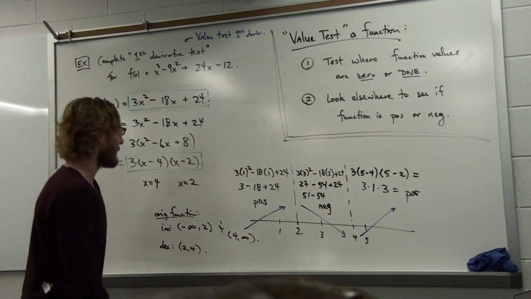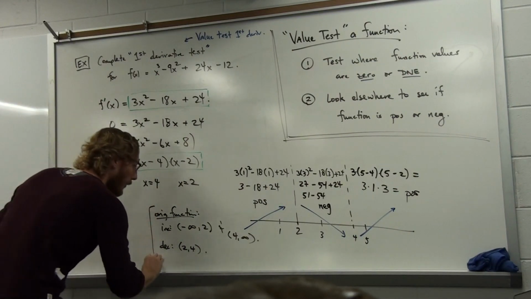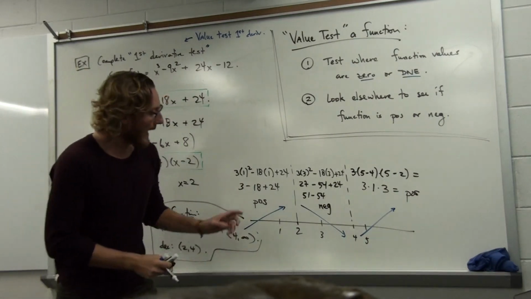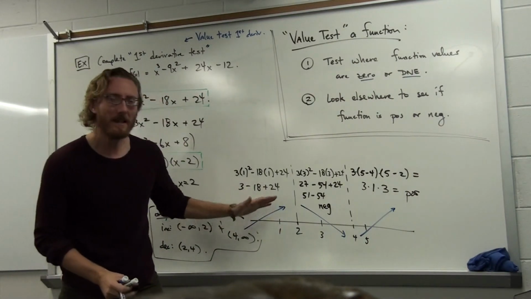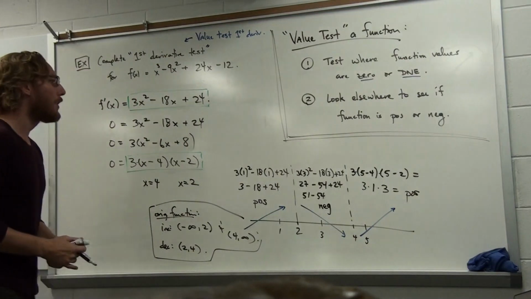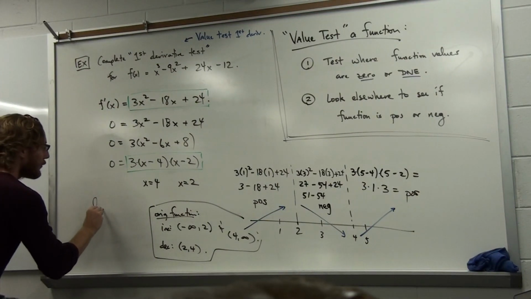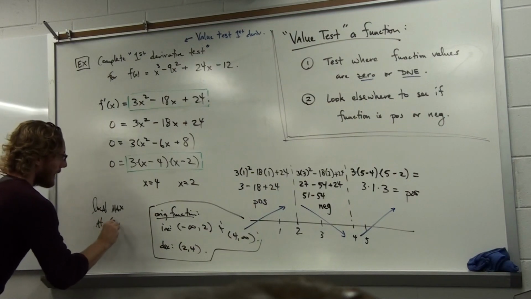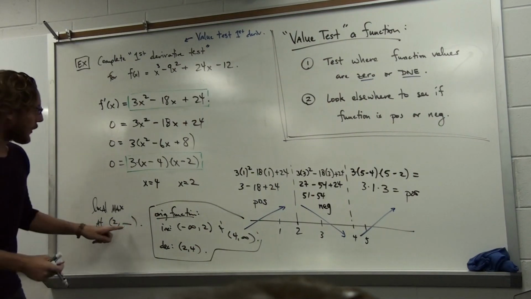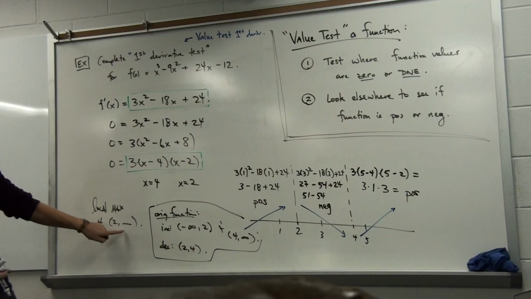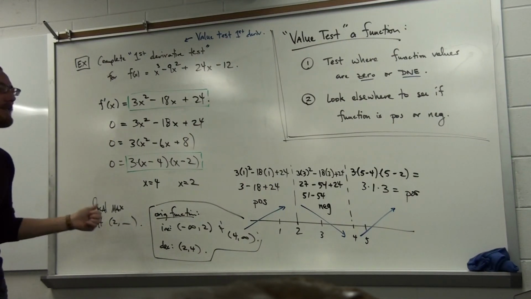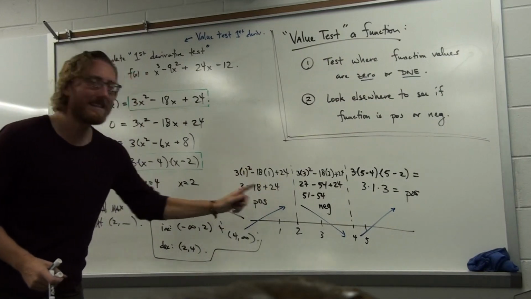That's interesting information. In fact, you could even say more, right? Because at the point 2, the function went from increasing to decreasing. You know that you have a local maximum at x equals 2. We haven't gone back to the original function to see what the y value is correspondingly, but we at least know that we have a local maximum at the point 2.